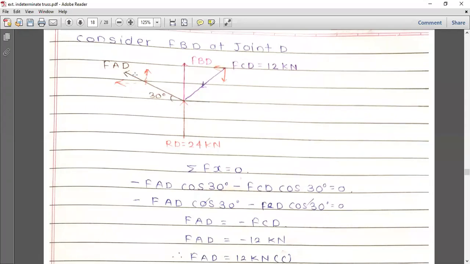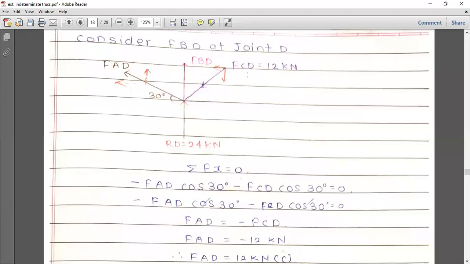Of course, to these unknown members, we will assume a direction. Again, we are going to assume the nature as tensile. Tension means arrow away from a joint. So here I have shown this arrow and this arrow away from this joint.